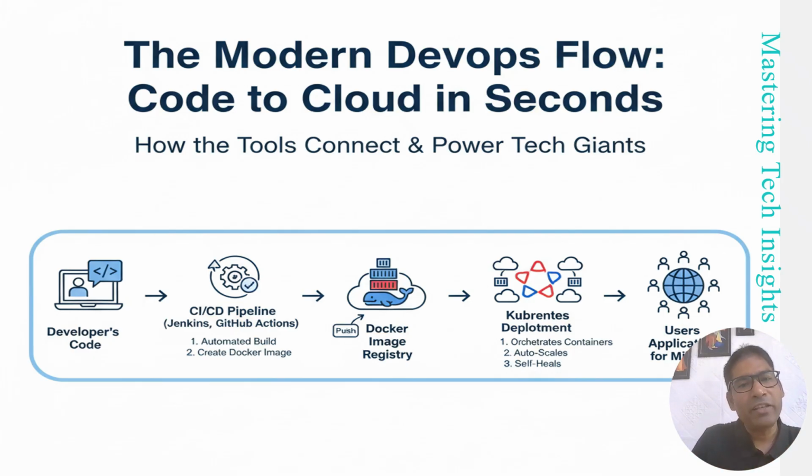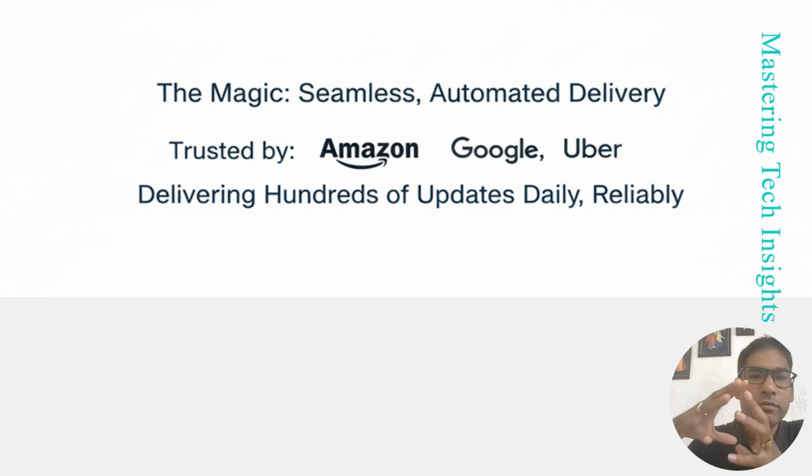Kubernetes ensures the app is running smoothly, scaling up or down as needed. This is how companies like Amazon, Google and Uber deliver reliable apps even while making hundreds of updates every day.